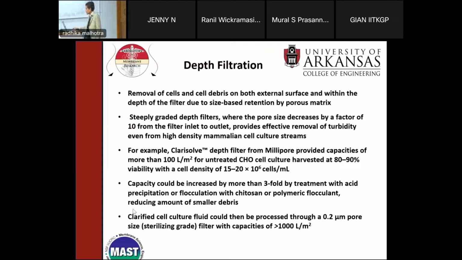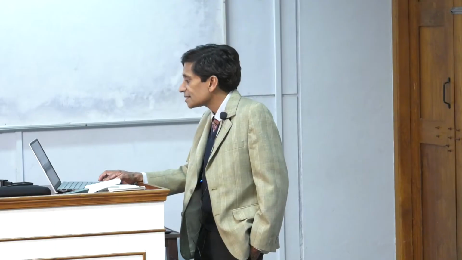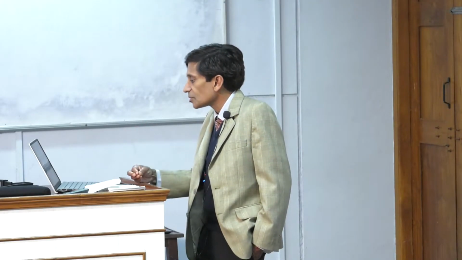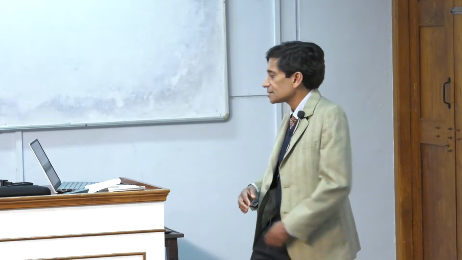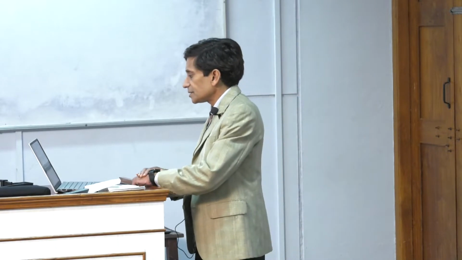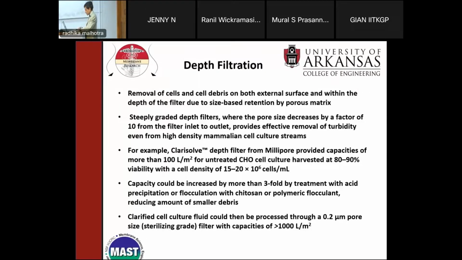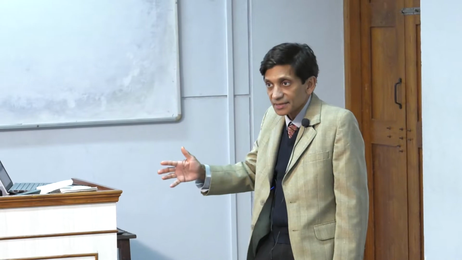Okay? Capacity could be increased by more than threefold by treatment with some sort of flocculants, such as chitosan, which flocculates small cell debris and particles. And clarified cell culture fluid can then be processed through 0.2 micron pore size sterilizing grade filter with capacities up to 1,000 liter per meter squared. Remember, in that diagram I showed you, after each unit operation, you typically have a sterilizing grade filter.